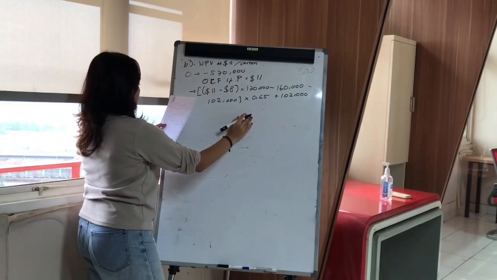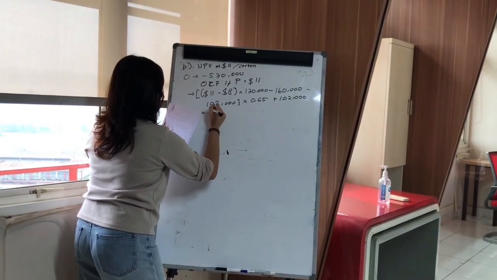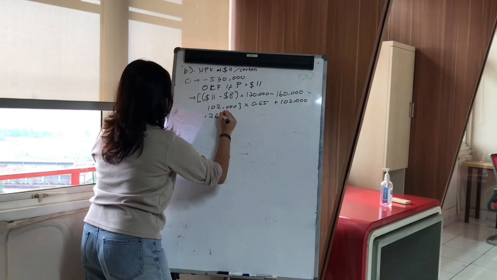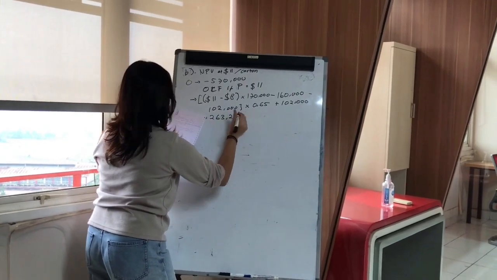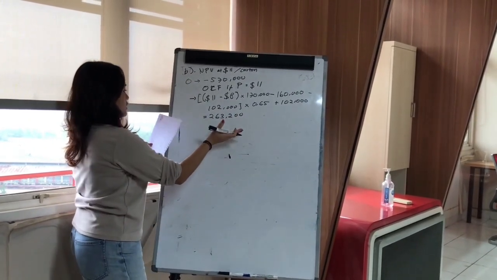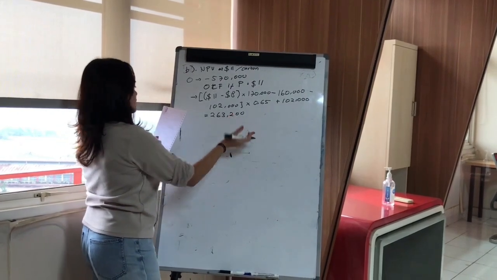With this, we will get 263,200, and that is for the operational cash flow.